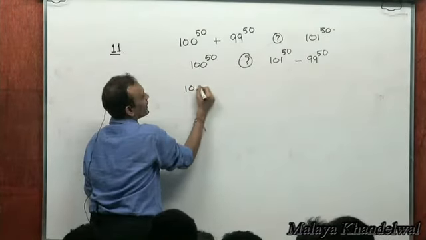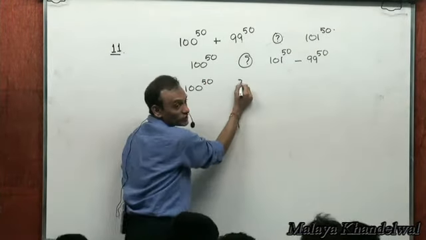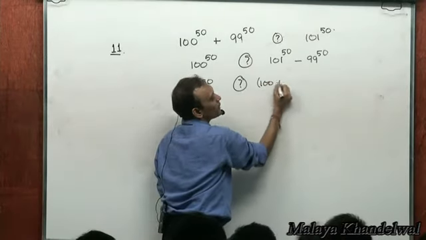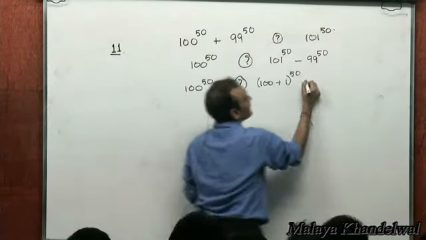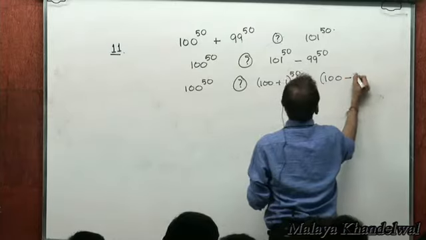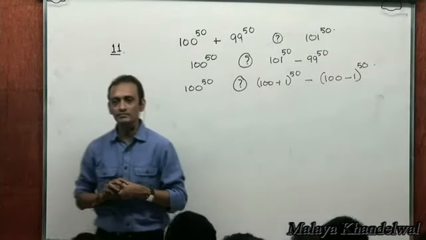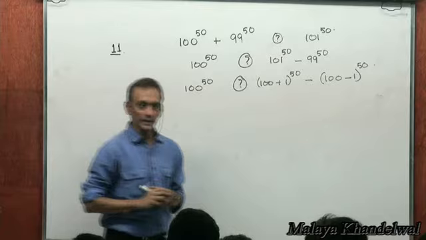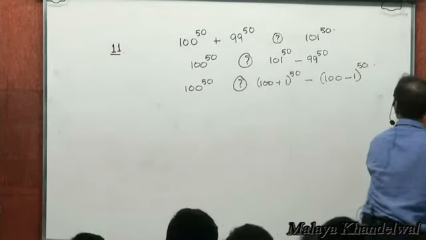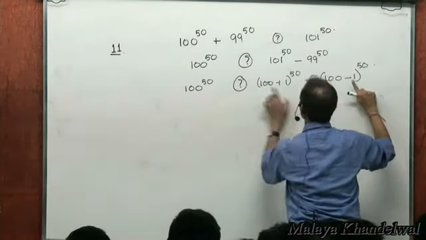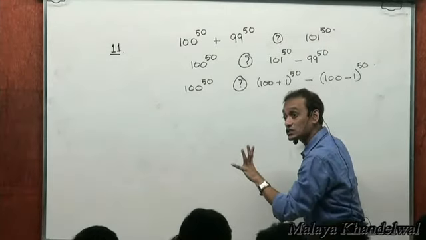Now 100 to power 50 question mark, this is 100 plus 1 to power 50 minus 100 minus 1 to power 50 on the right hand side, right? I expand binomially 51 terms of this and 51 terms of this, and you know alternate terms will get cancelled off here.